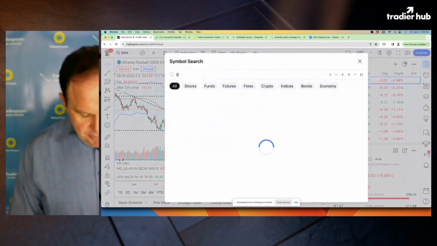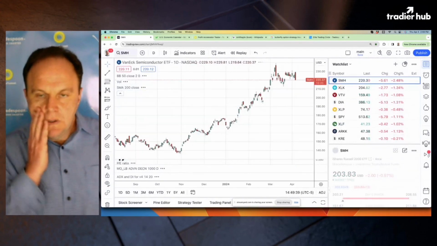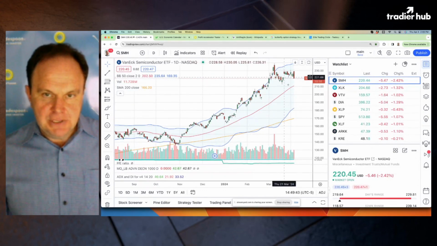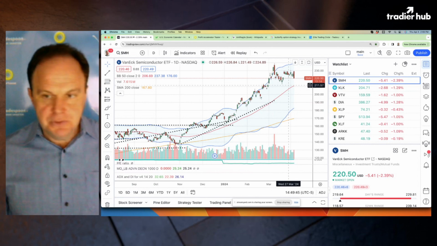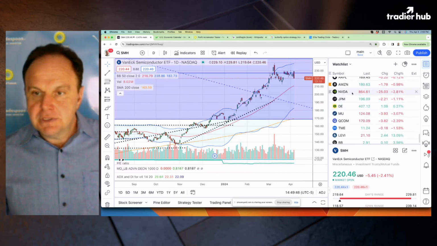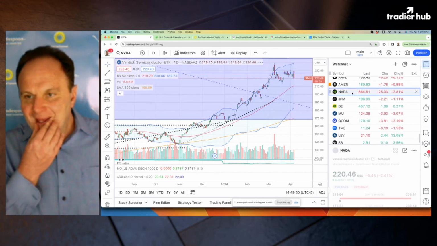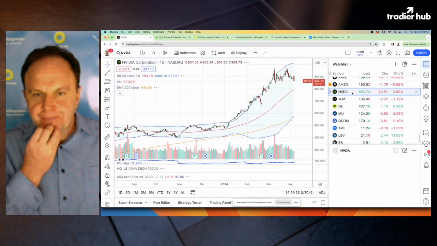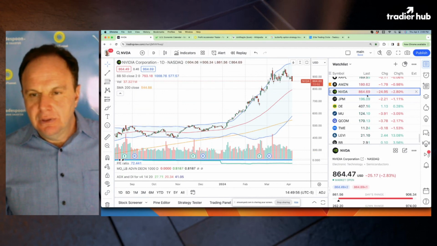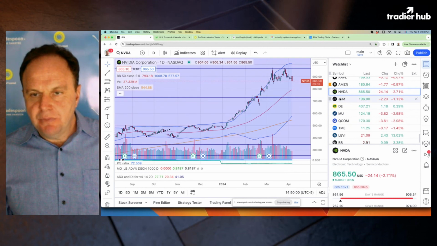SMH, we talked about SMH. I mean, it closed the gap. The next level would be the 50-day moving average around 211. How's NVIDIA doing? NVIDIA is down 2.5%. So NVIDIA is approaching a key support level. And JP Morgan.